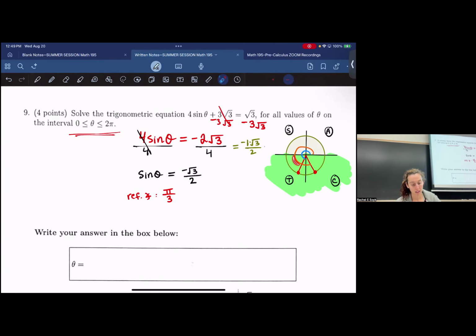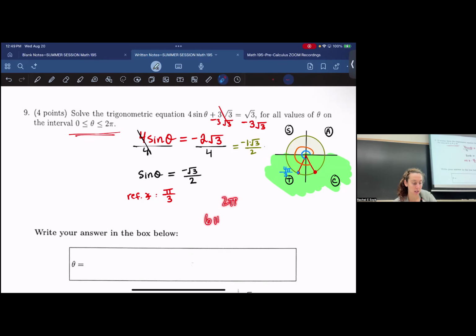If this reference angle is pi over 3, what is pi plus pi over 3? 4 pi over 3. And then what is 2 pi minus pi over 3? Get the same denominator.